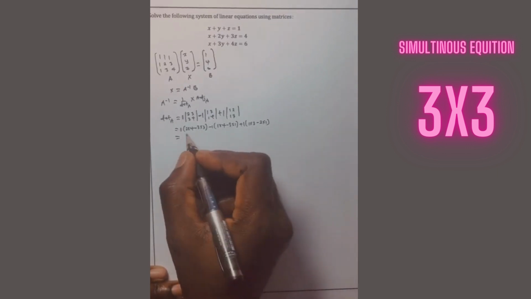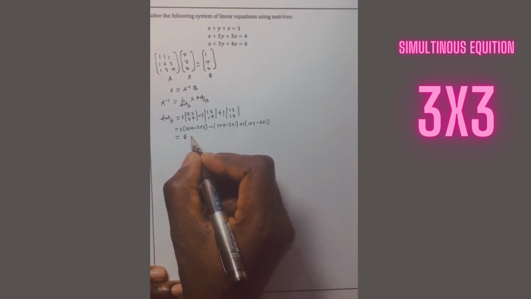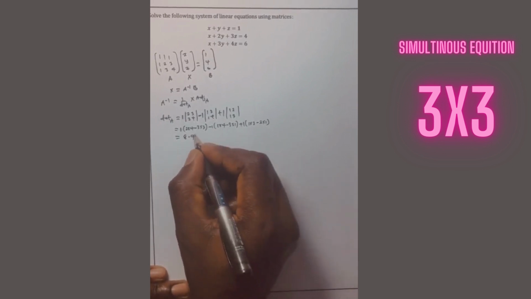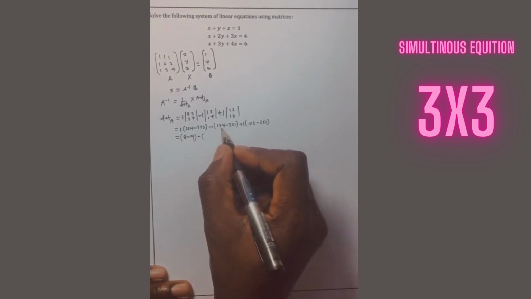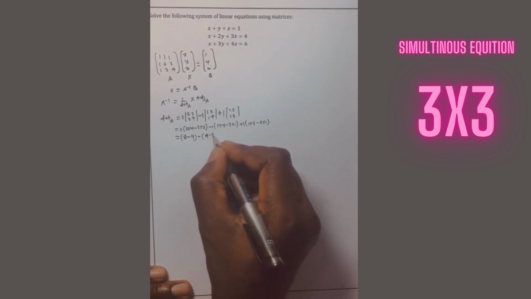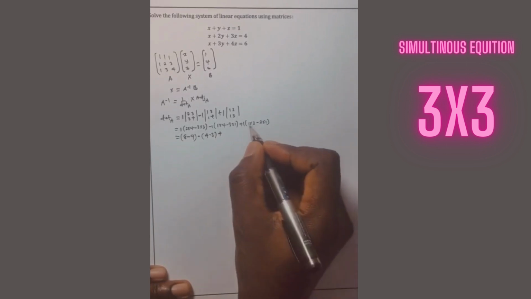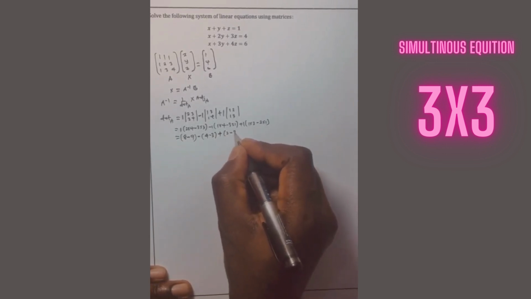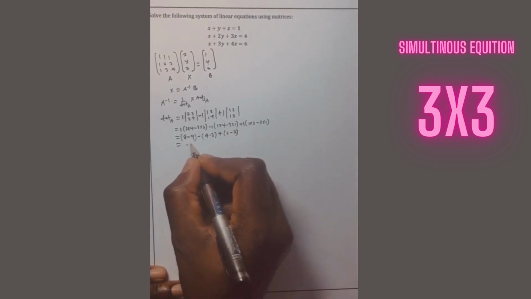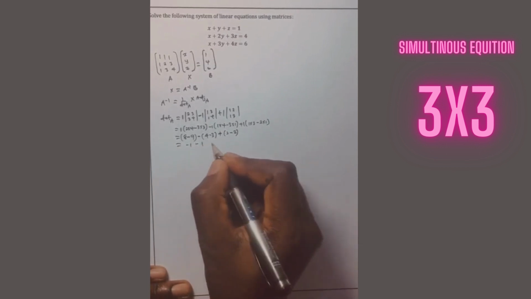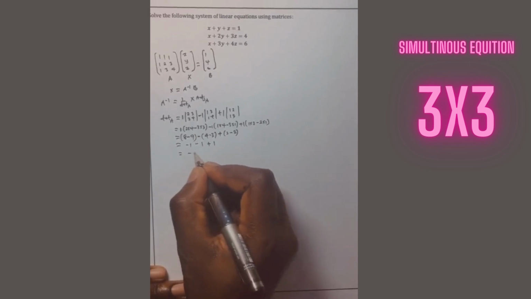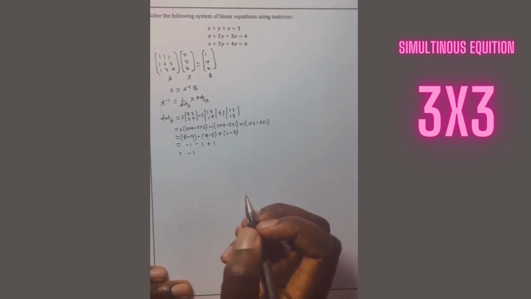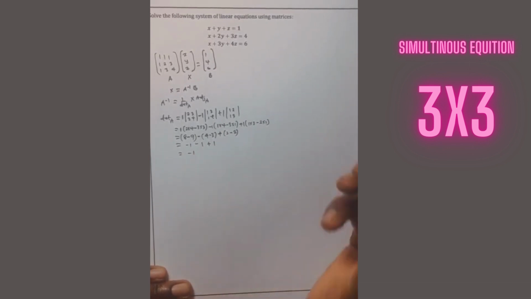So that is 1 into 8 minus 9, minus 4 minus 3, plus 3 minus 2. So that is negative 1 minus 1 plus 1. So the determinant is negative 1. And then let us look for the adjoint.